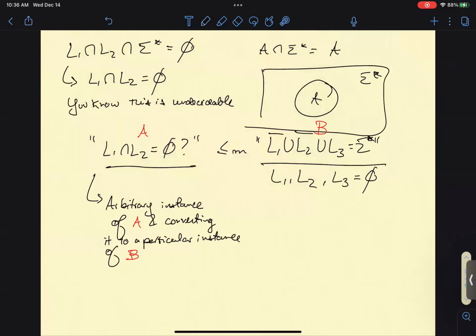I had any arbitrary instance of A, and I fed that into a particular instance of B. Because if this were decidable, then it doesn't matter what instance I gave it, I could decide it. Namely, if L3 were the empty set, then I could answer this question. The way you're talking about it, you're not really talking about reductions, I think.